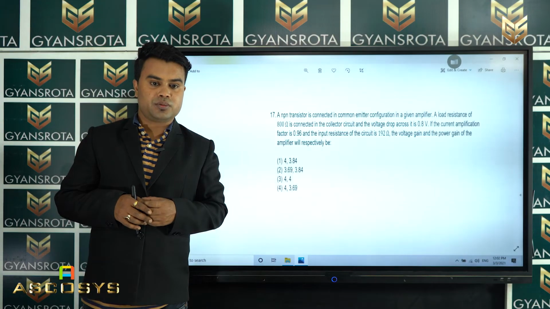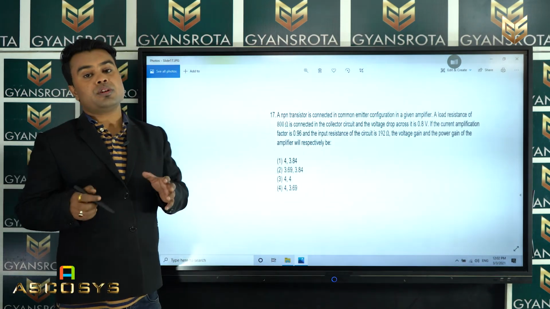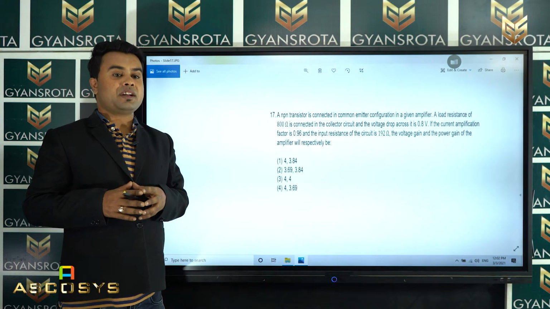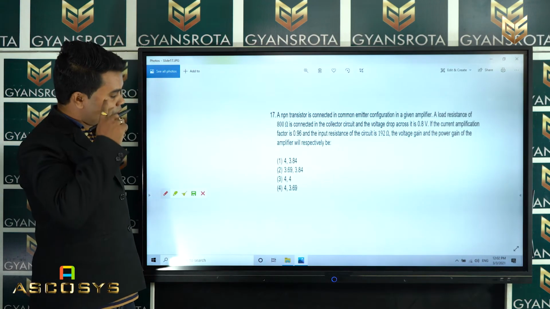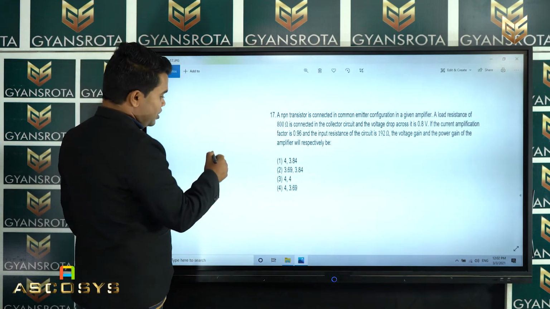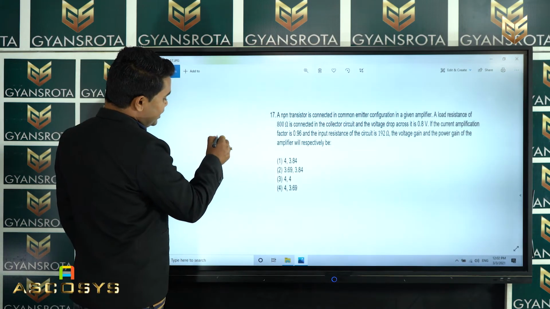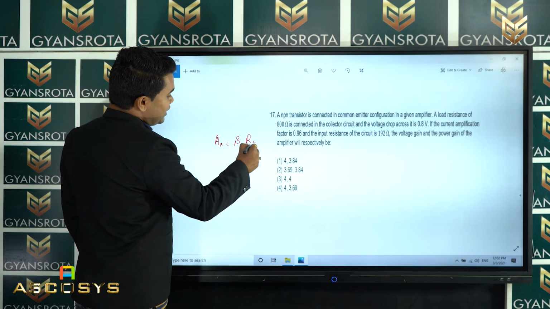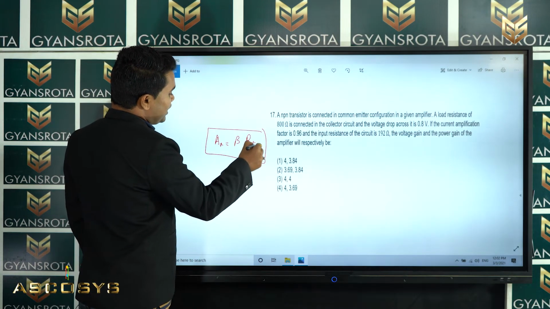Okay, this question you have to calculate. So what you are going to do? You are going to use the formula from the chapter semiconductor physics, that is from the part transistor. We can use this formula. First you need to calculate voltage gain. So voltage gain AV is equal to beta RC by RI, or R out by R in.